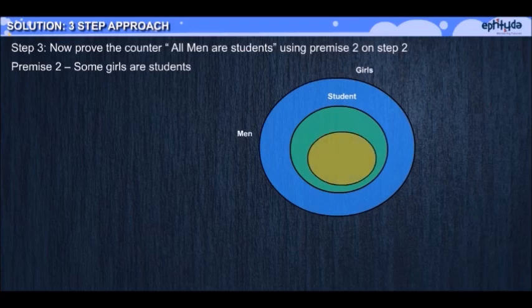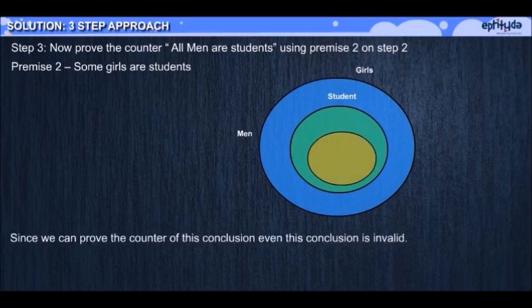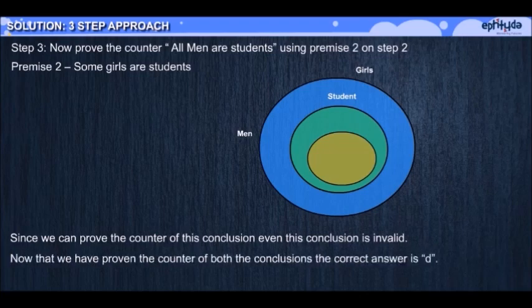The final step is to use premise 2 on step 2 to try to prove the counter. Using premise 2, some girls are students, we can draw a diagram like this. Since we have proven the counter, that all men are girls, without violating the premises, even this conclusion is invalid. Now that we have proven both the conclusions as invalid, the correct choice is D.